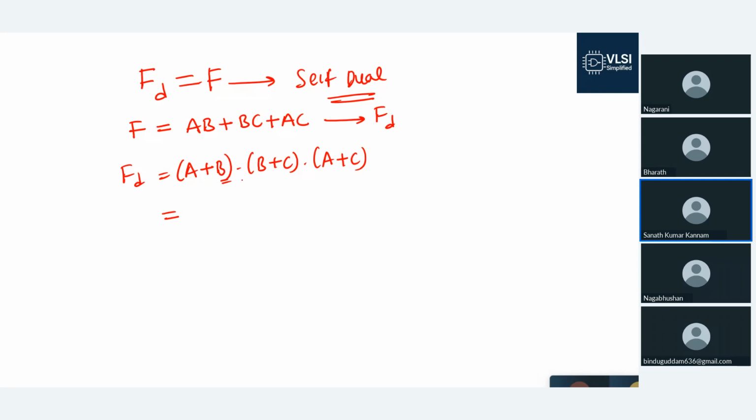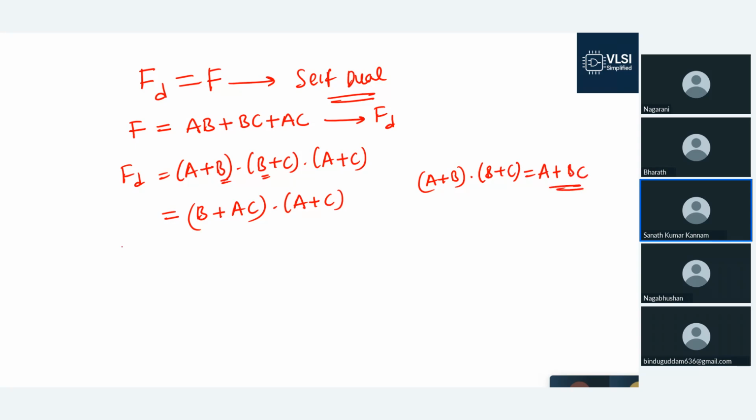B is common, so you get B or AC, and A or C. Again, as per the distributive law, A or B, and B or C, you can write as A or BC.